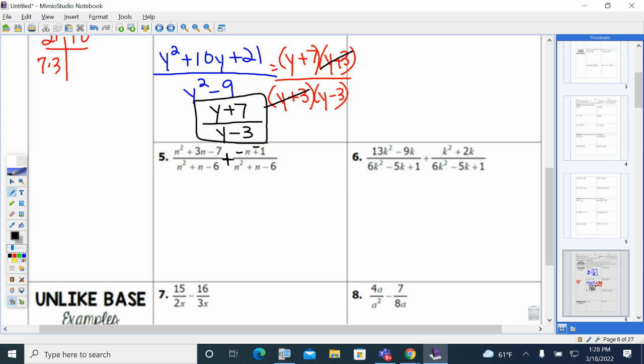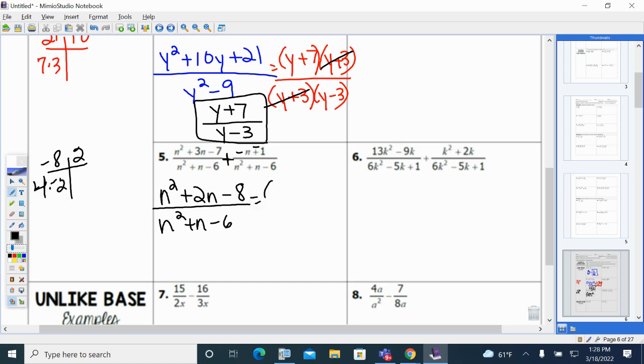So we're going to combine our numerators: n squared plus 2n minus 8 over, keep the denominator, and then we're going to factor. So in the numerator, I need two numbers that multiply to give me negative 8 and add to give me 2, which is positive 4 times negative 2.